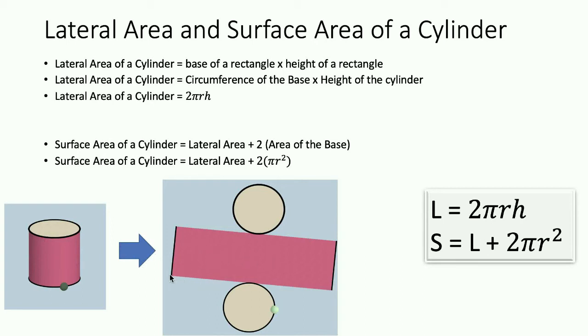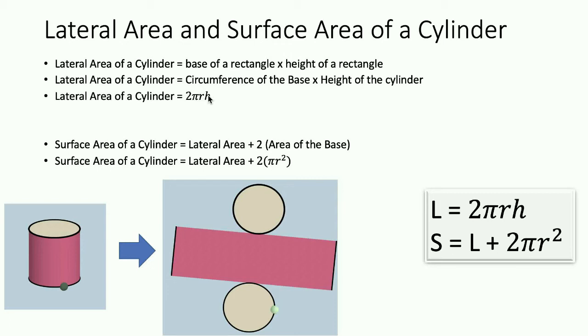So the lateral area is going to be the base of a rectangle times the height of a rectangle. But what are those things in reference to our original figure? Well, the base is simply the circumference, and then the height is the height of the cylinder. So notice here I have it, circumference is 2 pi r, and then times h is the height of the cylinder.